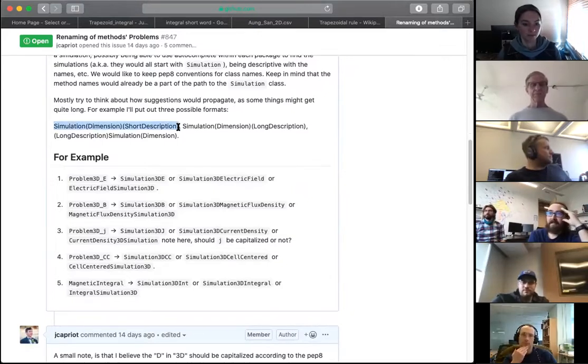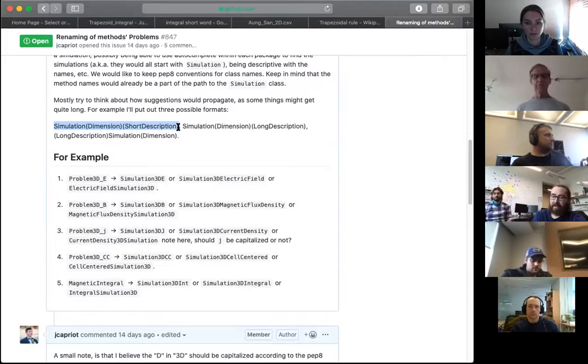Here are some of the options I put out there. We would probably all want them to start with simulation, so you can use tab completion and search through it, and it's clear that it is a simulation class. Then comes the dimensionality, and then a short description of the problem. For the electric field, one option would be Simulation3DE for the electric field simulation, Simulation3DB for the magnetic flux density simulation, Simulation3DJ.